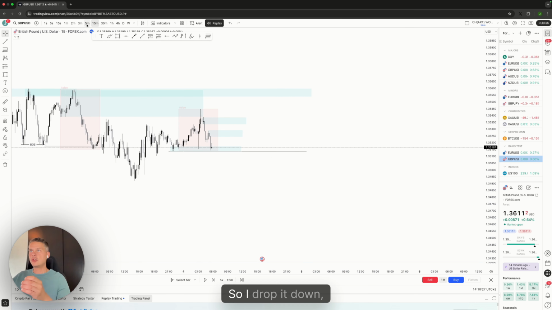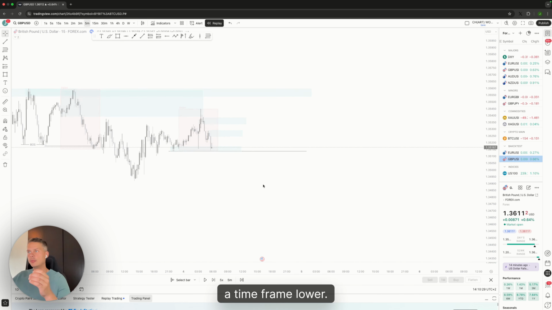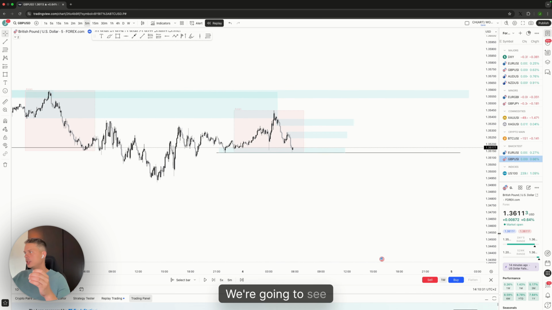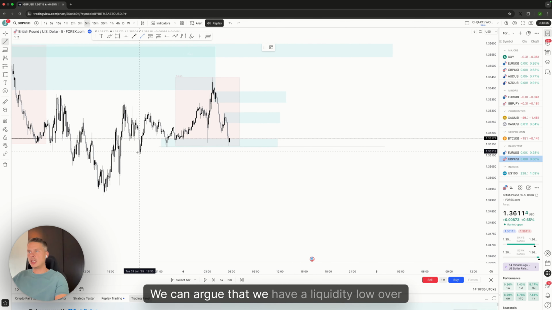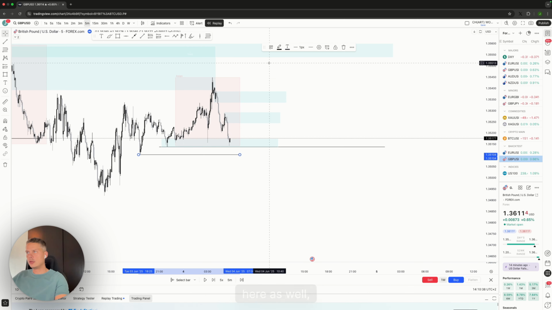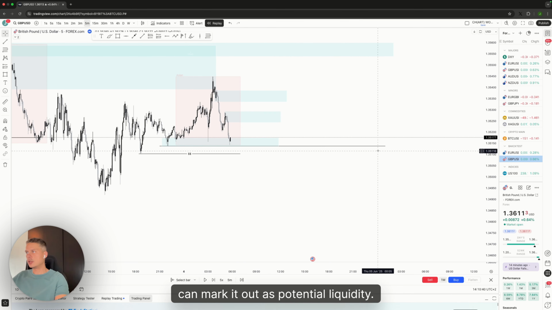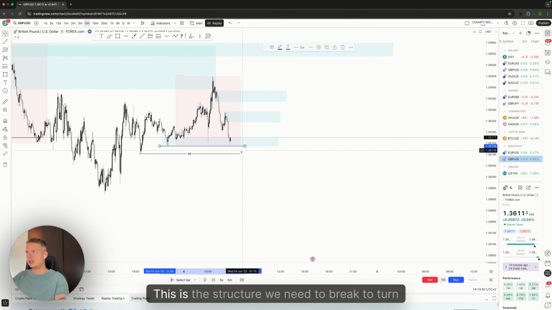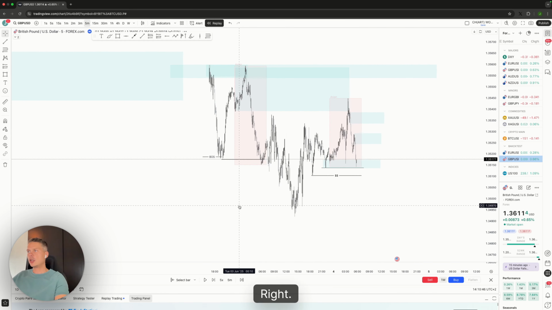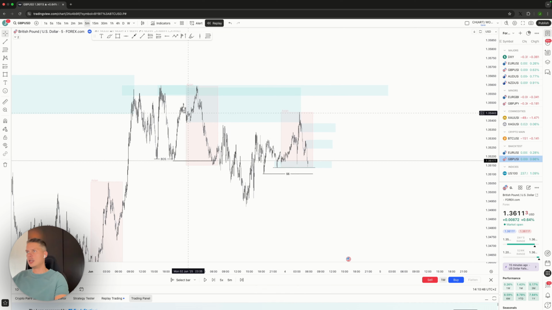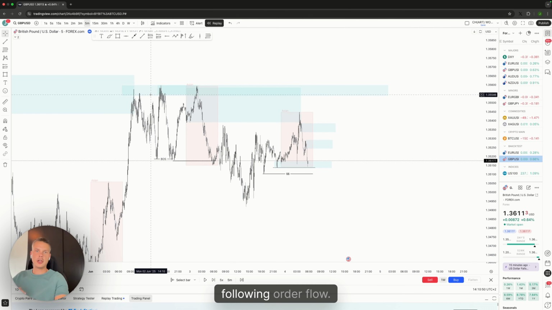So I drop it down a time frame lower. We're going to see what is going to happen. We can argue that we have a liquidity low over here as well. Can mark it out as potential liquidity. This is the structure we need to break to turn bearish, right? So simplify trading, following market structure, following order flow.